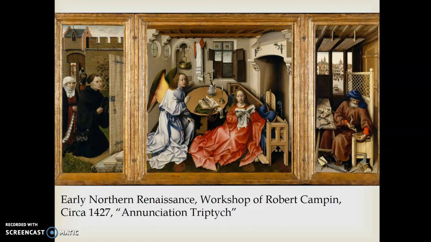So when we say Northern Renaissance, we're talking about Germany, maybe Poland, England, the northern area that today would be like Belgium. Sometimes we'll see artists from Flanders, for example. This particular Northern Renaissance painting is from the area of Flanders, and it's the workshop of Robert Campin. So we don't know who the artist was, but somebody from this craft shop, who was working with other artists to produce works of art, and the workshop was run by Robert Campin, produced this art.